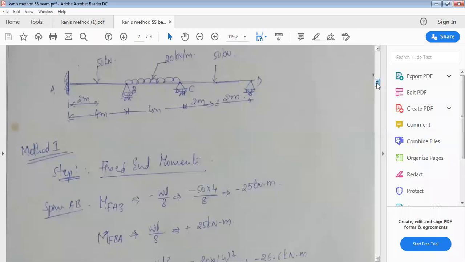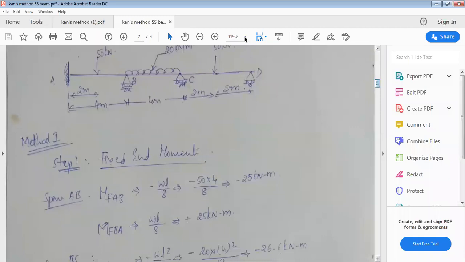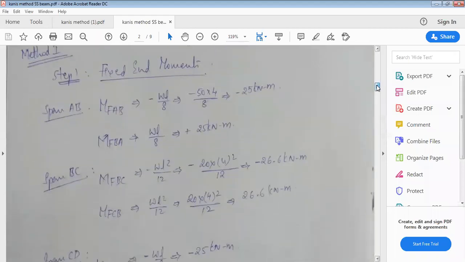For span BC, you will have WL square by 12. For BC, the formula is minus WL square by 12, and for CB, it will be plus WL square by 12, that is, 20 into 4 square by 12.